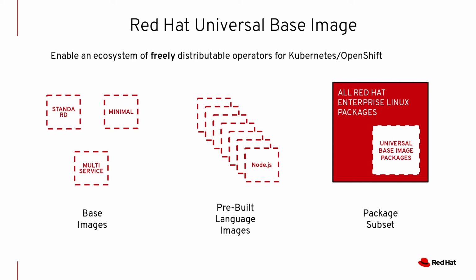We wanted to change that, so we wanted to give new base images that can be used by anybody, and you can run containers anywhere based on those images. This is why we introduced this new universal base image, which is a base image for RHEL 7 and RHEL 8.